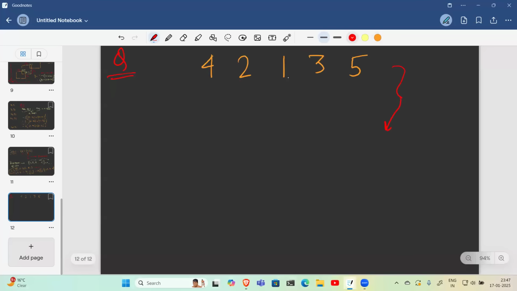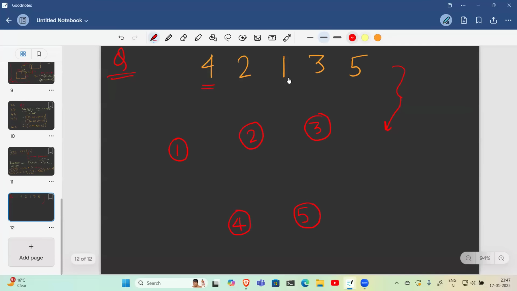What procedure? They will make a graph with 5 nodes. So you have 5 nodes in this graph: 1, 2, 3, 4, and 5.